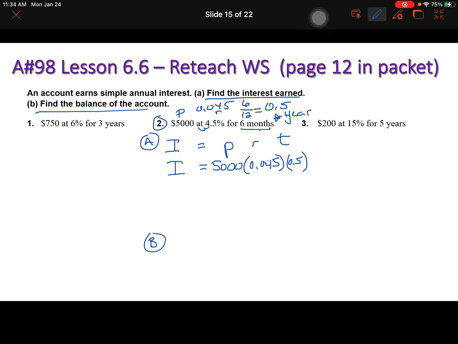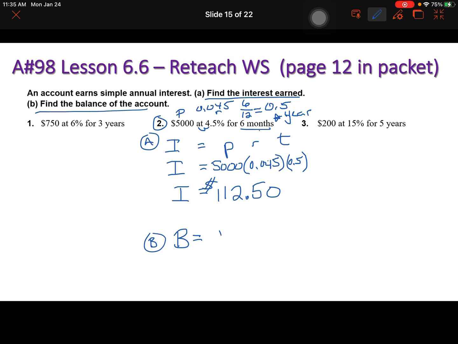So we're going to go ahead and do 5,000 times 0.045, which is 4.5%, times 0.5, which would be half of a year. And so the interest that you'd get paid for half of a year, it's money, so we need to put a dollar sign in front of it. So $112.50.